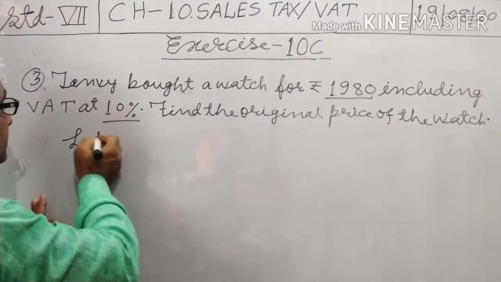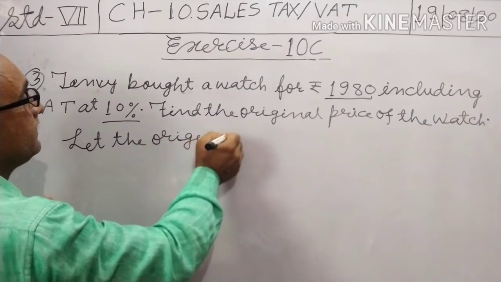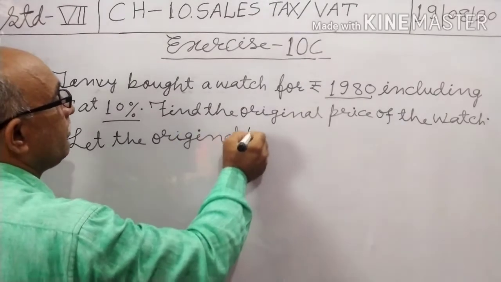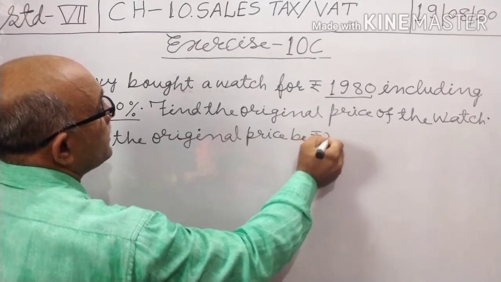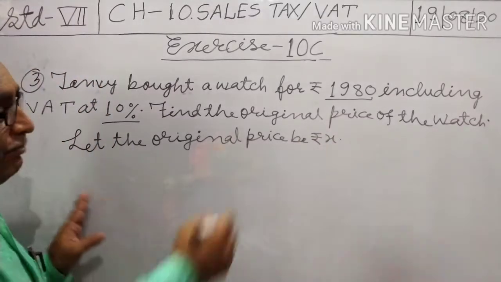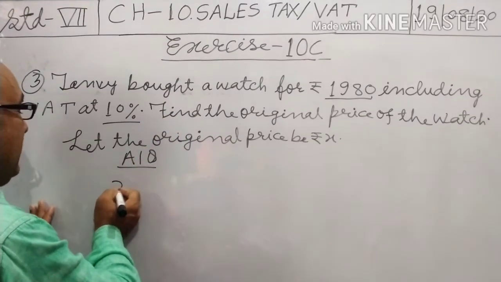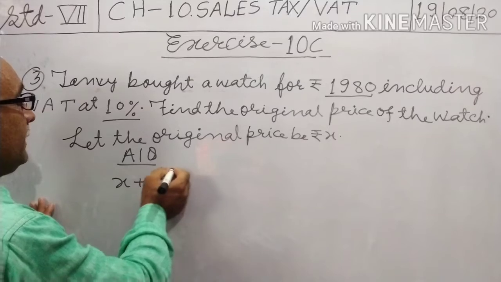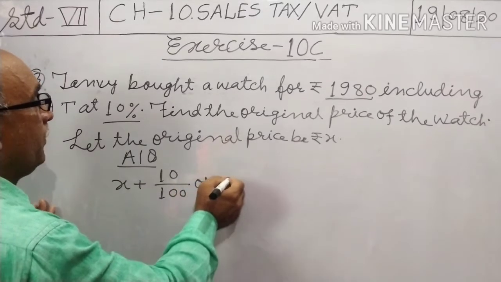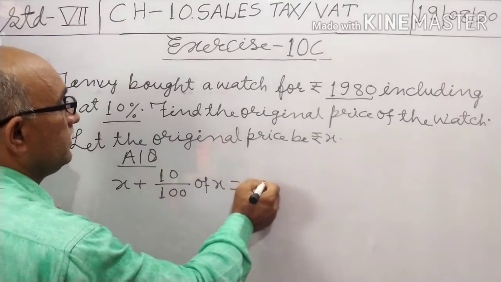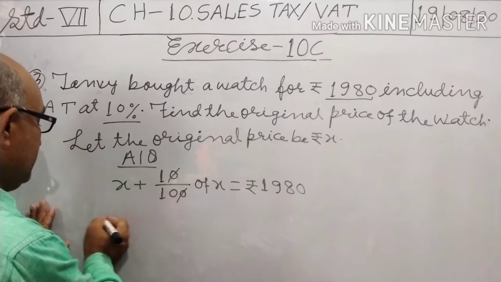So let the original price be rupees X. According to the question, x plus 10% VAT, so 10 by 100 of x equals rupees 1980. 0 to 0 cancel.